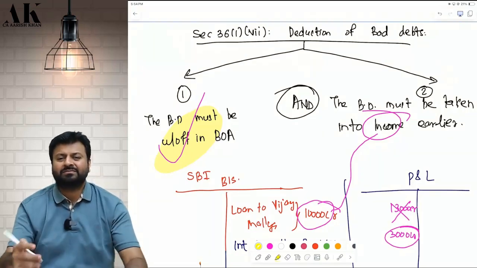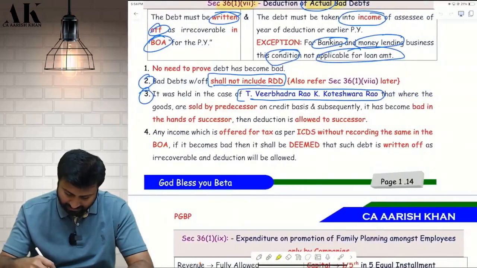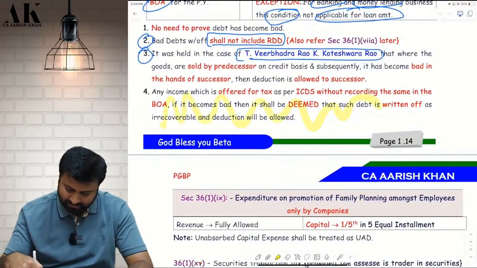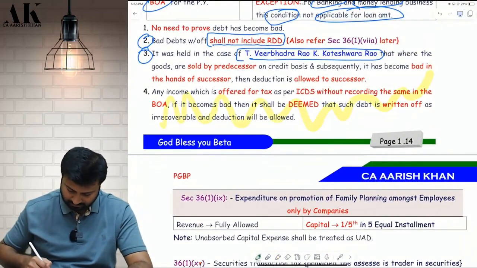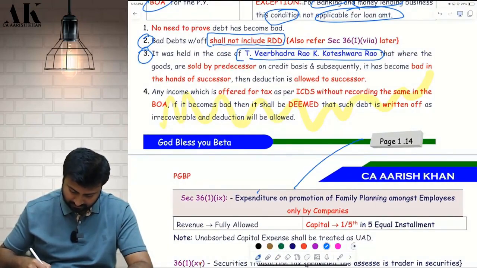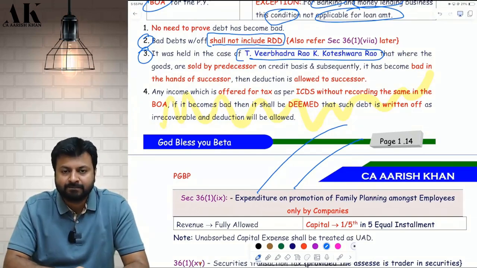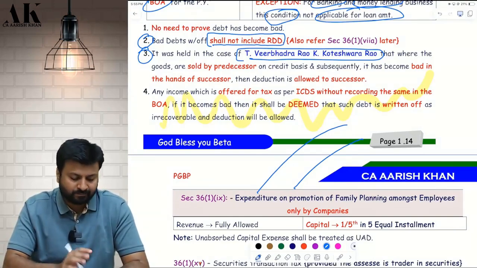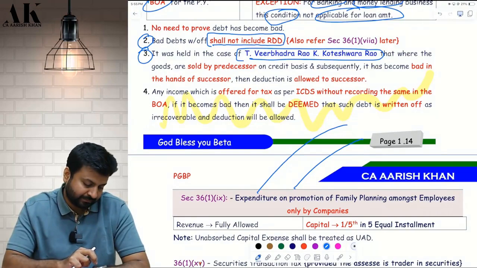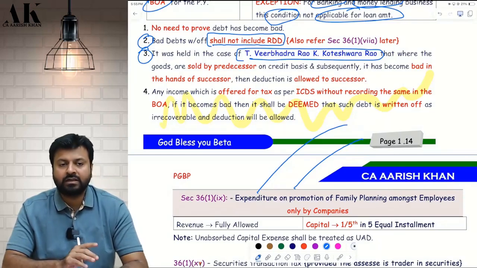Please tell me. Yes, sir. You can now read these 3 lines, you will understand everything. Is it clear?